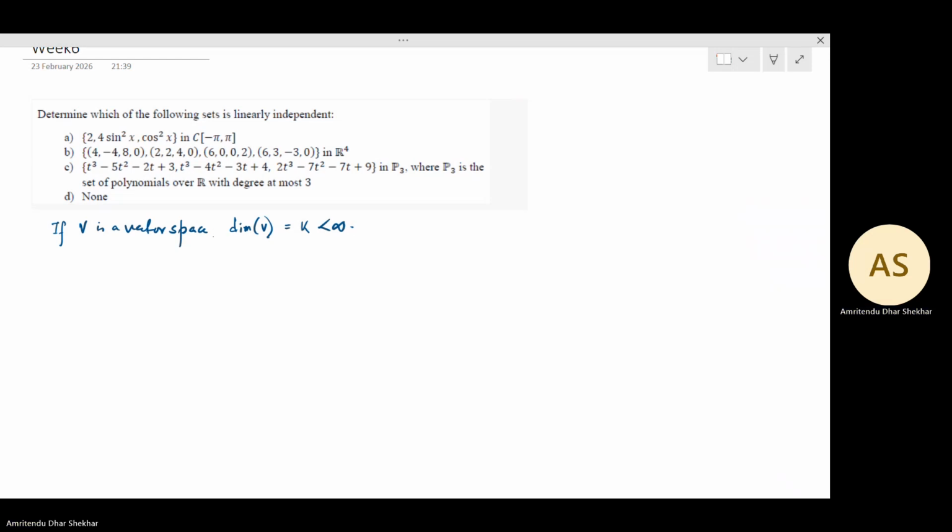Okay. So let us first take an example with the second option. So here the vector space V is R4, and we are given four vectors V1, V2, V3, and V4, namely the vectors in this question.